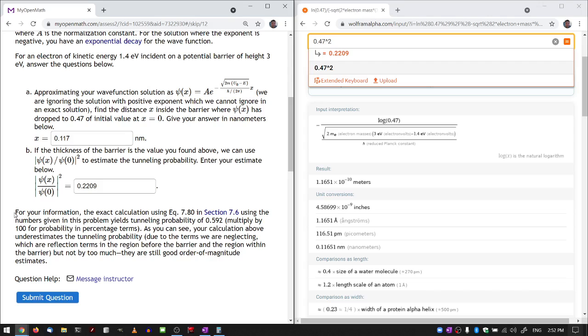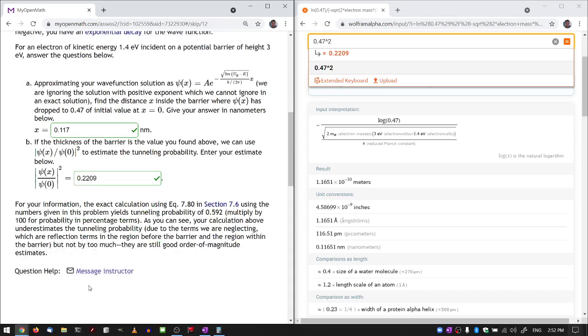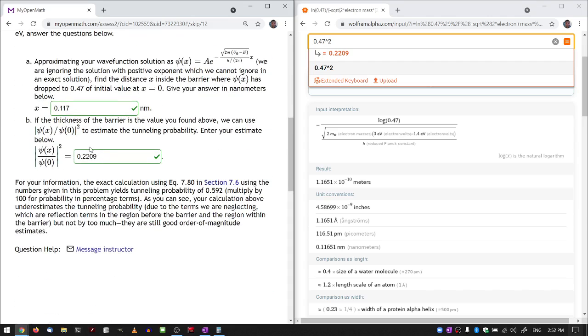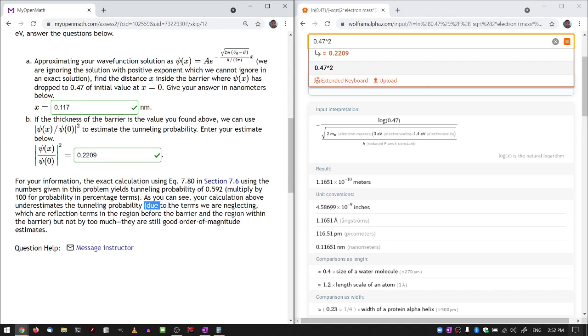And this bit is telling you how this estimate is definitely off. This is the quote unquote correct result. But it gives you close enough of a result to get you some sense of whether there is significant tunneling probability. And the term that we are neglecting is the reflected term.